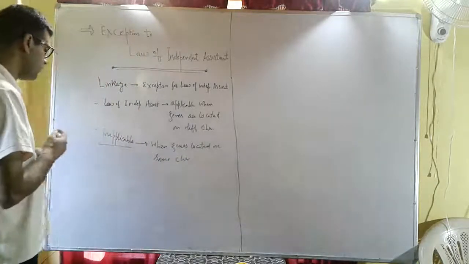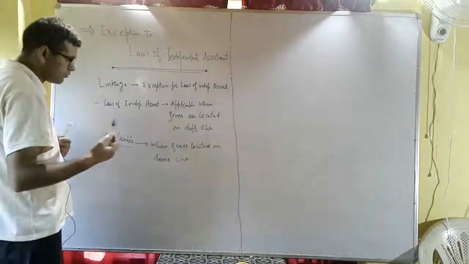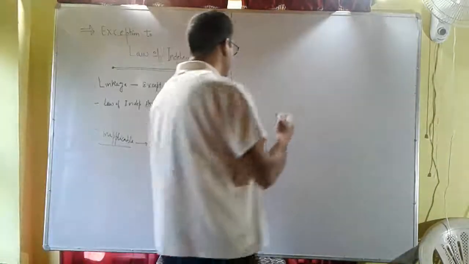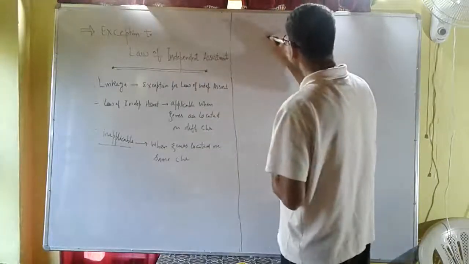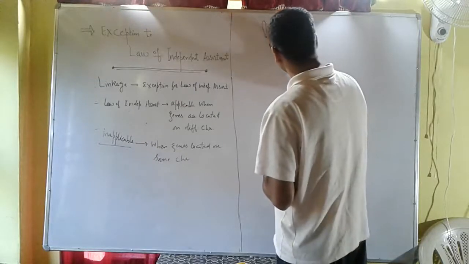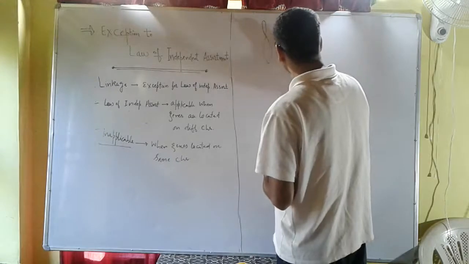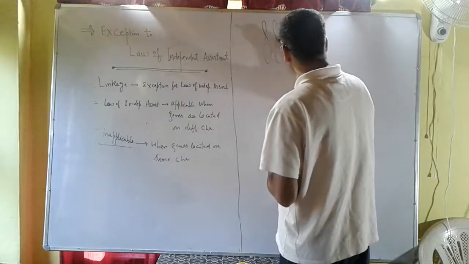When the genes are located on the same chromosome, they would show linkage. For example, there are two homologous chromosomes.